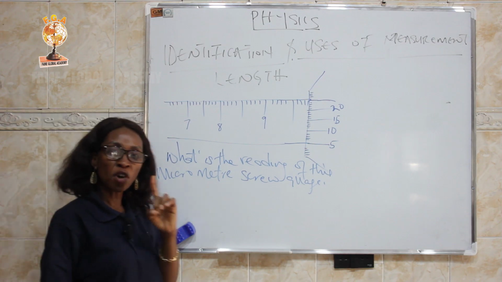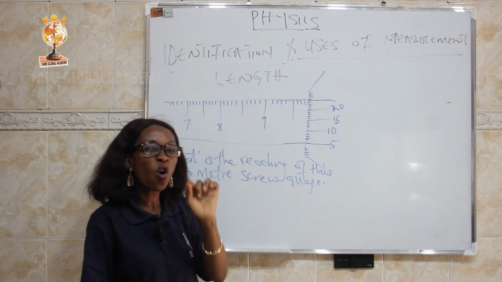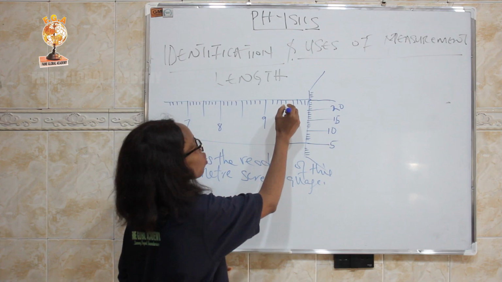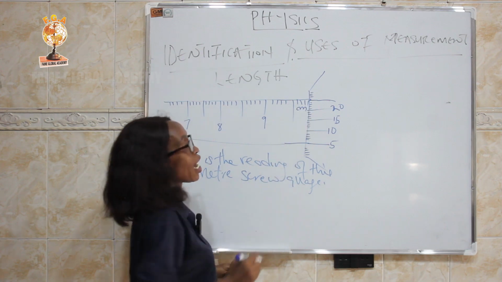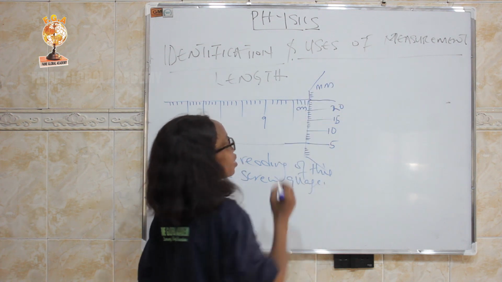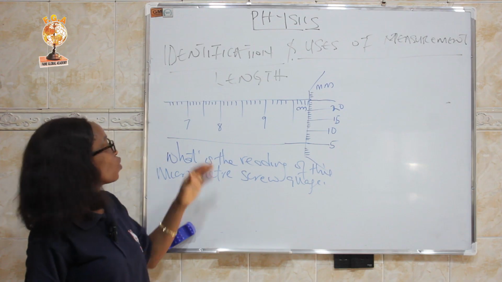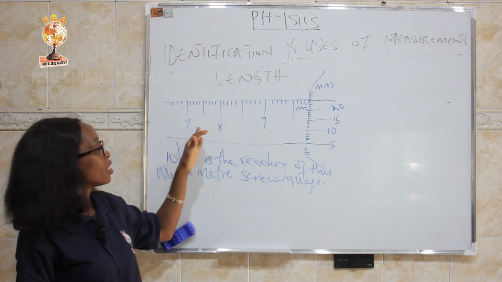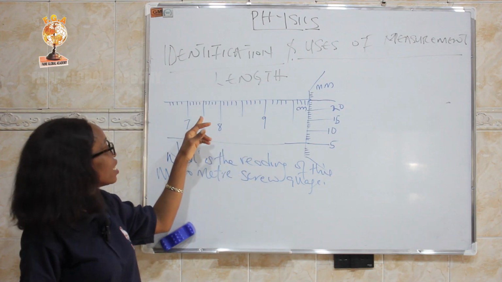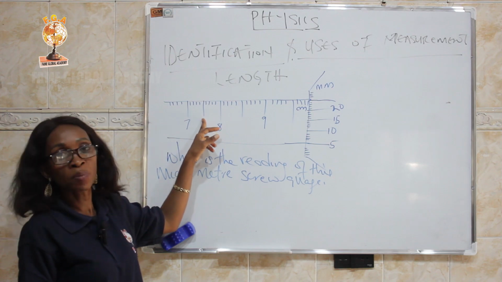First and foremost, remember that the main scale is always in centimeters, and the vernier scale is in millimeters. Now, what do I need to do? If this is 7, this is 8, this is 9, what number is represented in between?